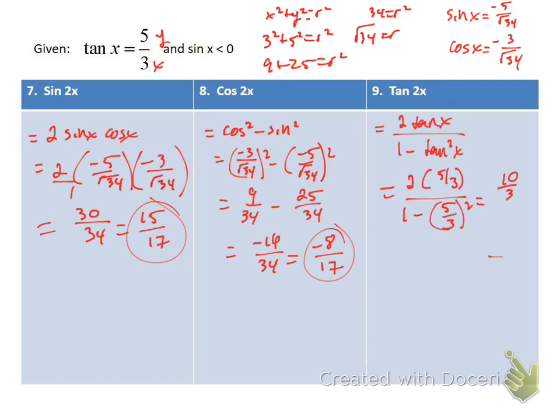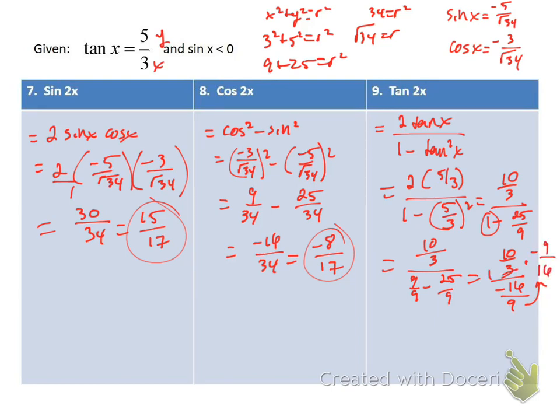So we get 10 over 3 over 1 minus 25 over 9. Get a common denominator for that 1, and we get 9 over 9 minus 25 over 9, which gives us 10 over 3 over negative 16 over 9. We're going to flip and multiply.